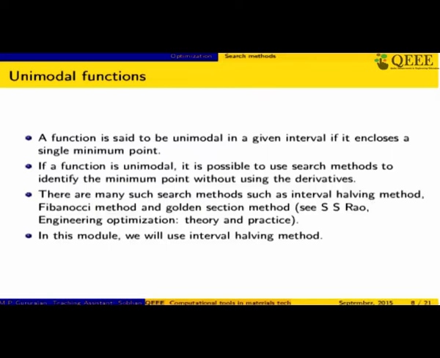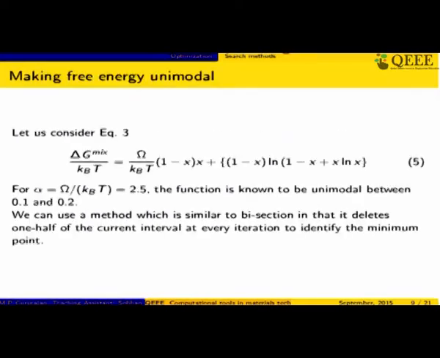Okay, so we are going to use the interval halving method to find the x value that minimizes the free energy of mixing, which is the normalized free energy of mixing. Again, let us assume that omega by kBT is 2.5.